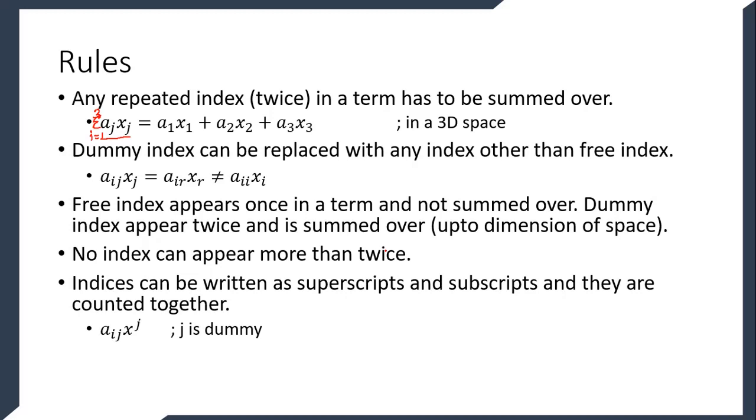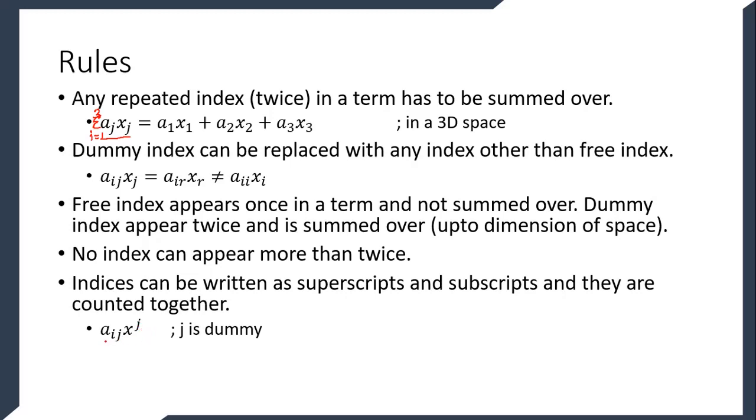Indices can be written as subscript or superscript and they are counted together. We will come to the spaces where we write subscripts and superscripts later. Just for the sake of this video, you can say that indices can be written as subscript as well as superscript, and these indices are counted together.